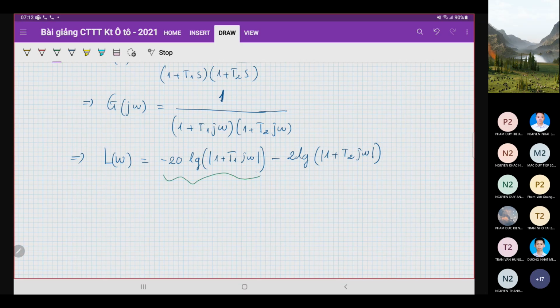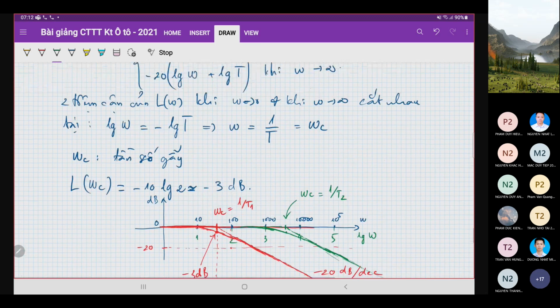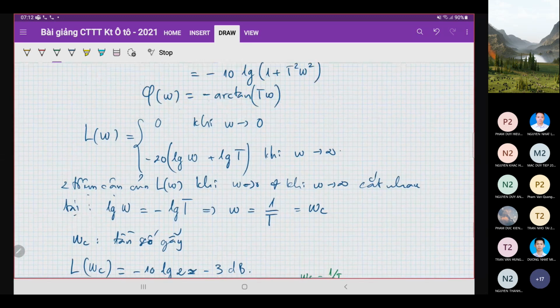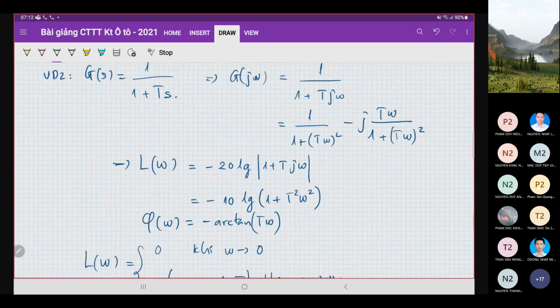And this one we already have from the previous example, you see here, right?